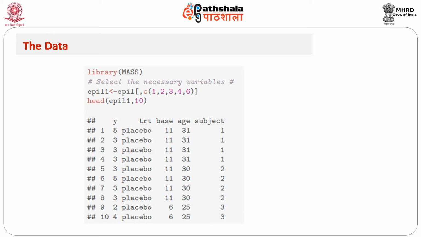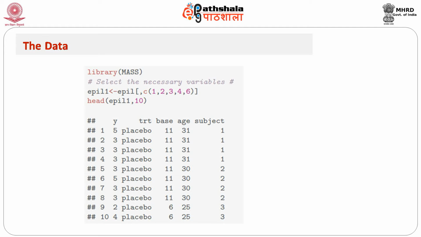Then the age of the subject, and then an identifier subject. So, here 1 1 1 1 means the first subject, 2 2 2 2 means the second subject, and if we see 1 and base 11, it means prior to the start of the experiment, in 8 weeks the subject 1 had 11 seizures.